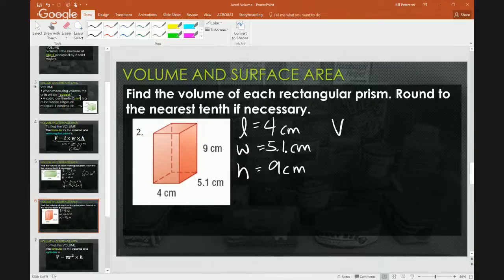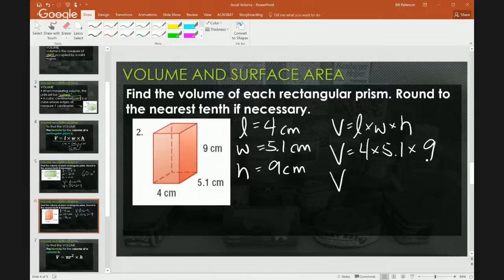Our volume is going to be our length times width times height. Volume is going to be 4 times 5.1 times 9. Let's go ahead and multiply those together. 4 times 5.1 times 9 gives us a volume of 183.6 centimeters cubed.